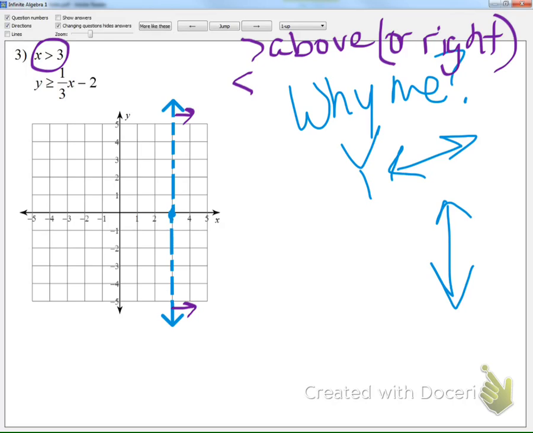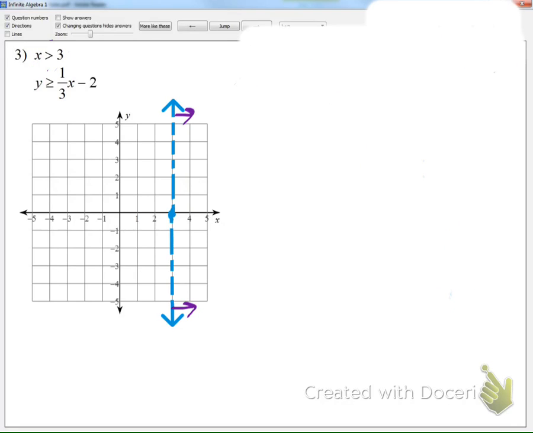Alright. Now the other inequality shouldn't be as bad because we have both the x and the y variable in this inequality. I begin with b, so at -2 on my y-axis. And then use the slope of 1/3, so I rise 1 and run 3.